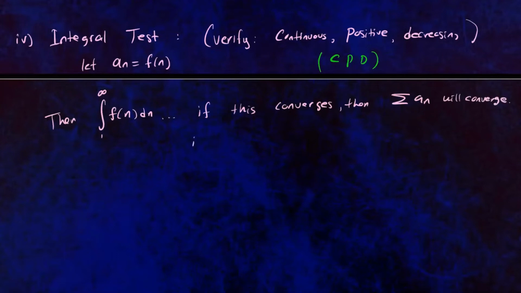And if this improper integral diverges, then of course the series will diverge. So these are the conditions for the integral test, which we'll discuss in the example. So I hope you're familiar with them at this point.